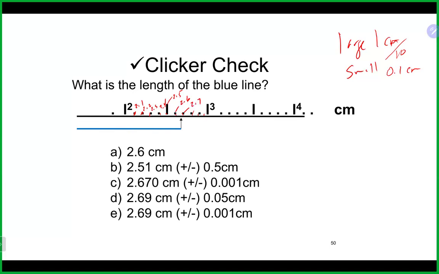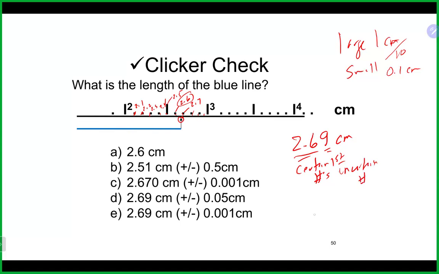So in this particular case, we could see that it is at least 2.6. That is our certain numbers here when we do it. And again, in this case, it's not exactly 2.6, not exactly 2.7. It, to me, again, looks just a hair before the 2.7 marking. So it looks like 2.69 centimeters. This would be our first uncertain number.